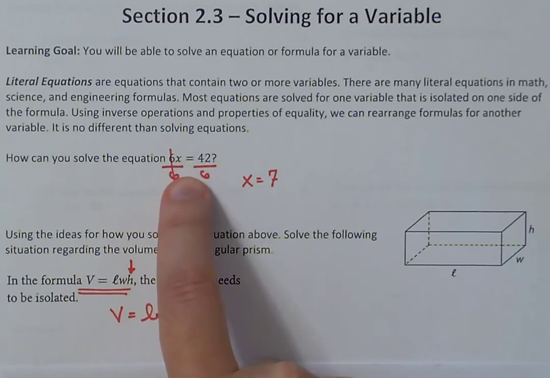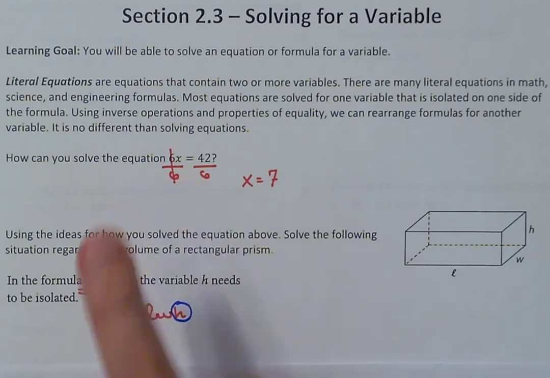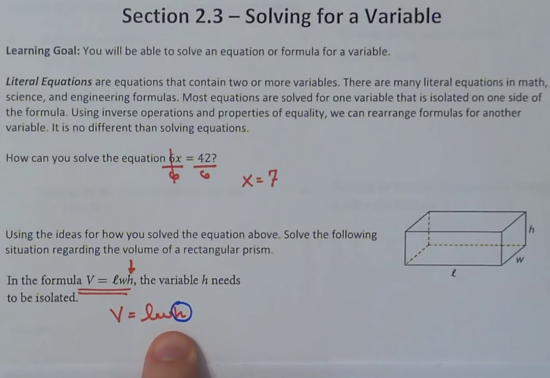Up here, when we were multiplying by 6, I did the inverse, which is divide by 6. So if h is being multiplied by L and W, I have to do the inverse, which means I'm going to divide by L and W. And I have to divide by L and W on both sides.